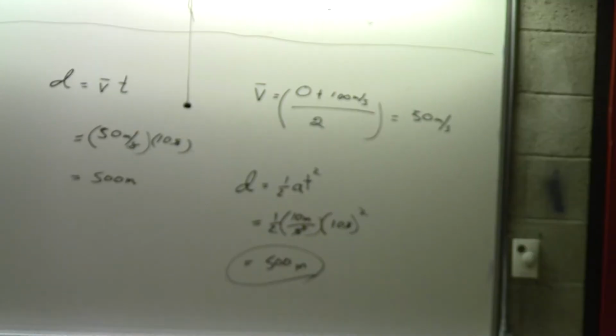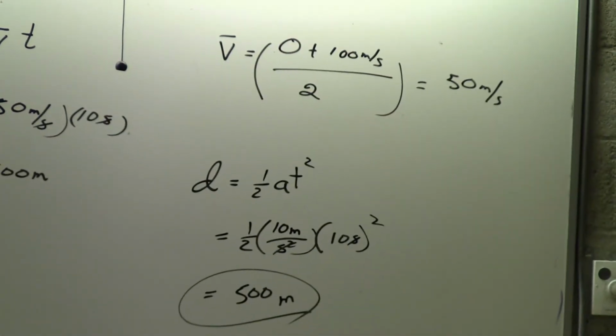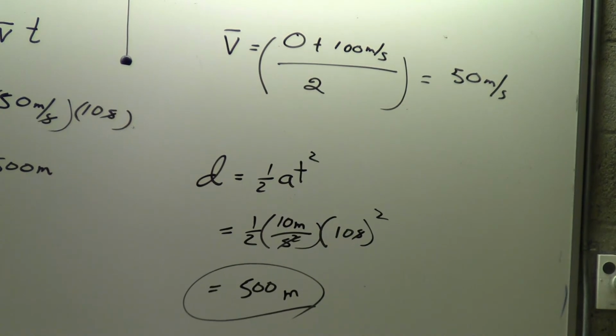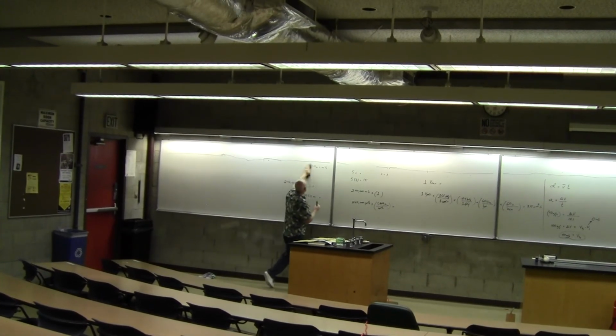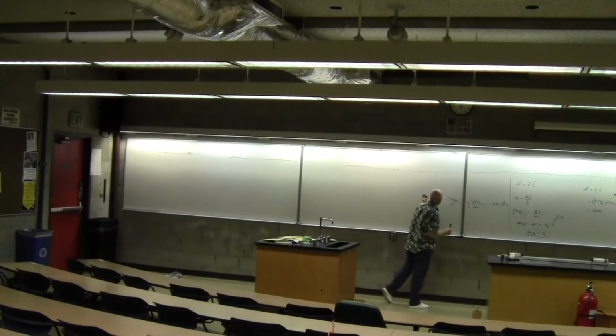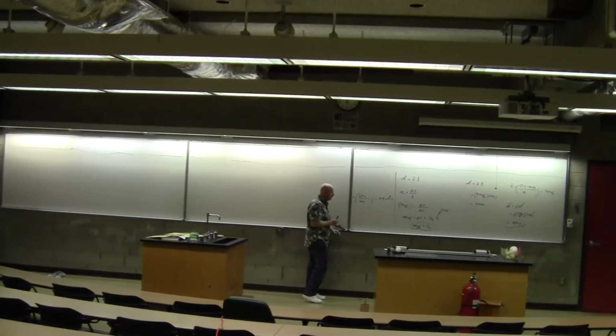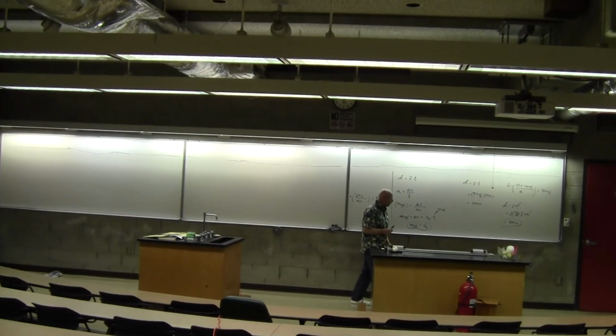But I will say it again, I'm always a little leery of that equation, because that equation has the caveat of only being valid if the starting speed is 0. And a lot of our problems do have a starting speed of 0, but not all of them do. And so if you start using that equation without thinking about where it came from, you will find yourself, unfortunately, using it at an inappropriate time.